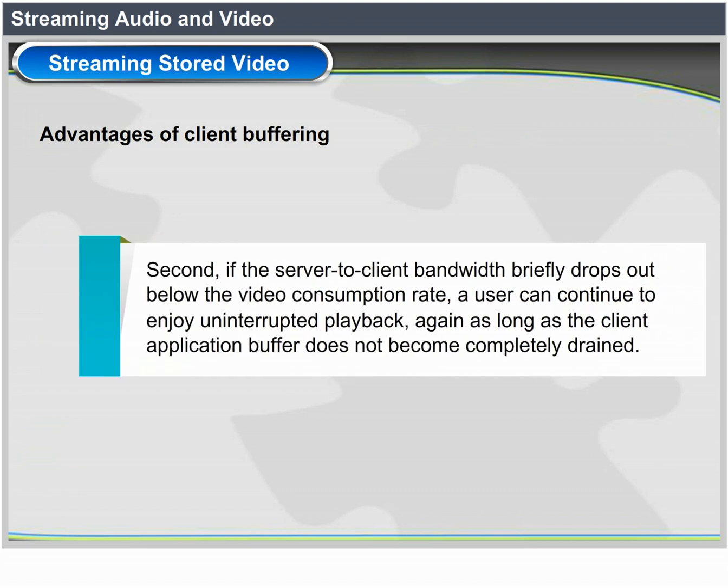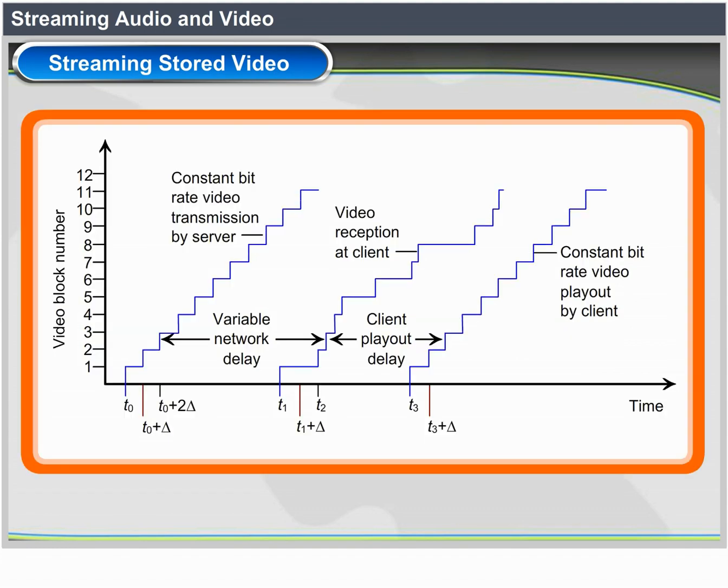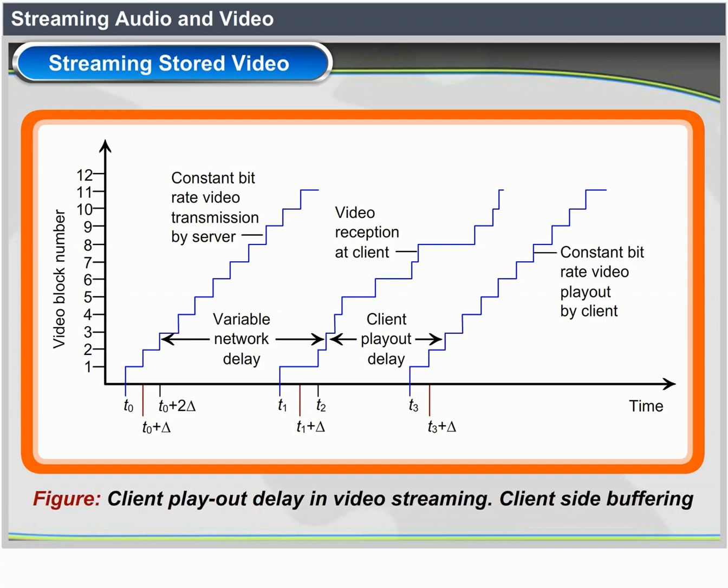Second, if the server-to-client bandwidth briefly drops below the video consumption rate, a user can continue to enjoy continuous playback, again as long as the client application buffer does not become completely drained. Client playout delay in video streaming: client-side buffering.